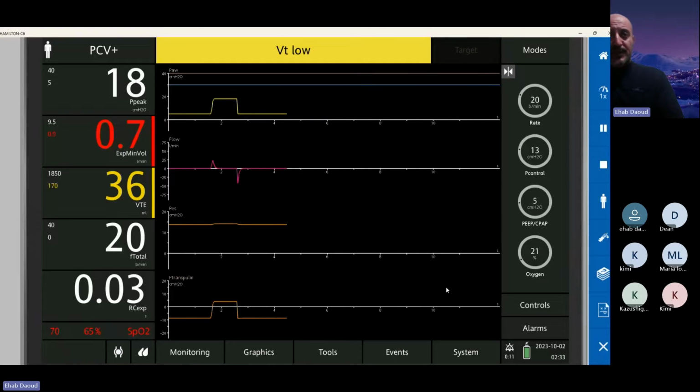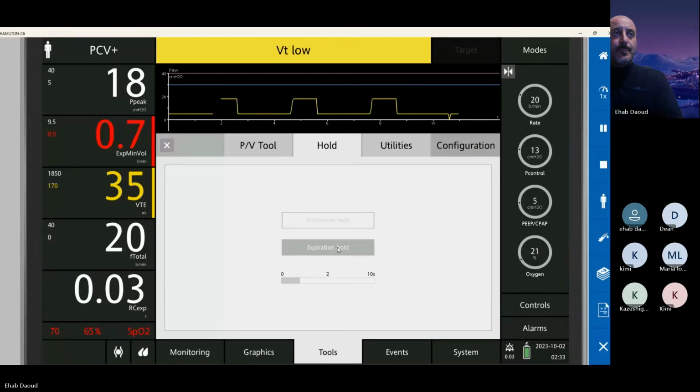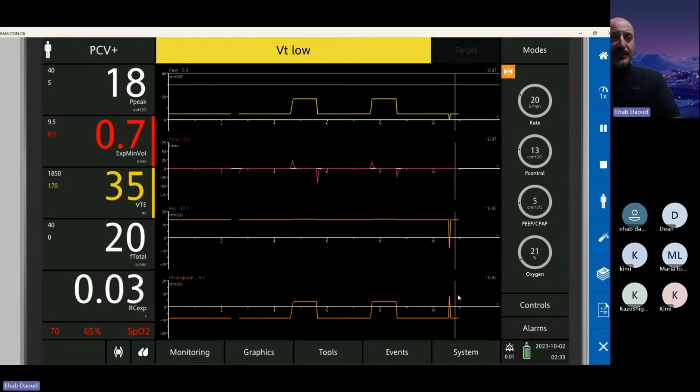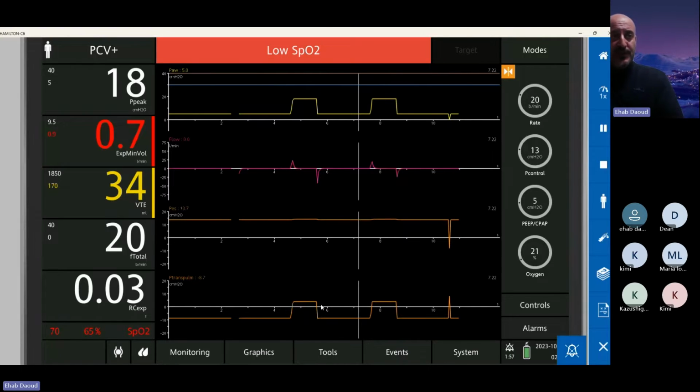But let's take a look at the PEEP. At the PEEP, we're going to do an end expiratory pause. Okay, and let's take a look. Oh, sorry. So we're here at the end expiratory pause. My PEEP is 5.